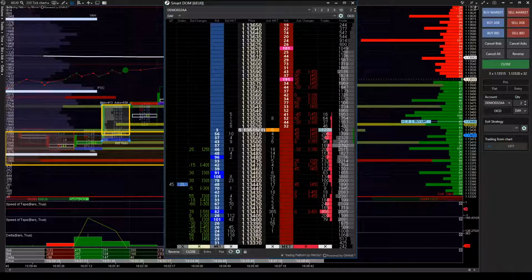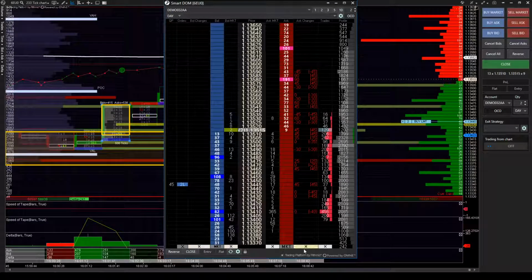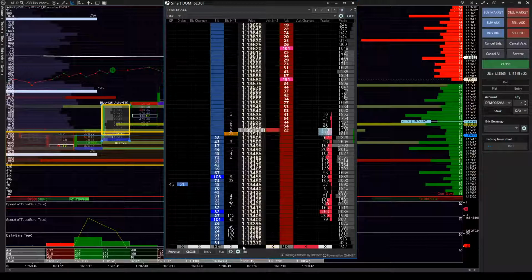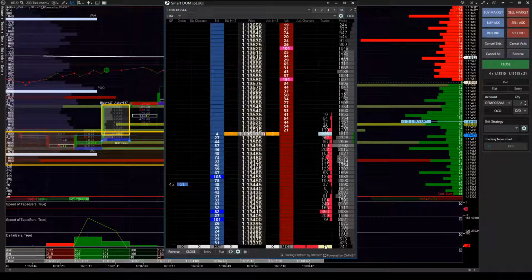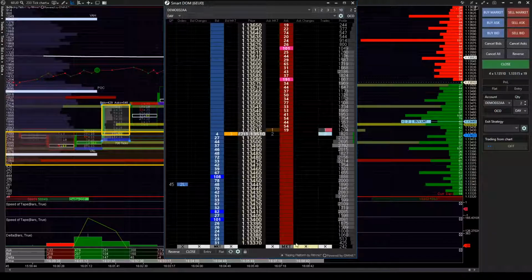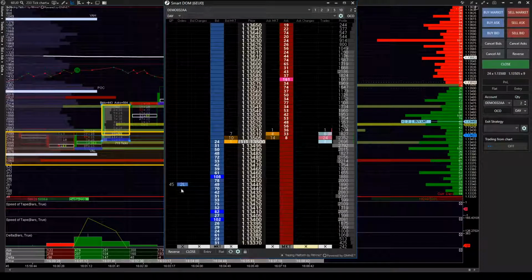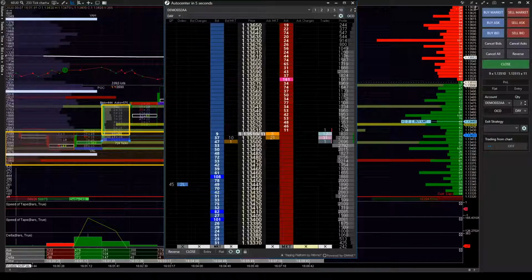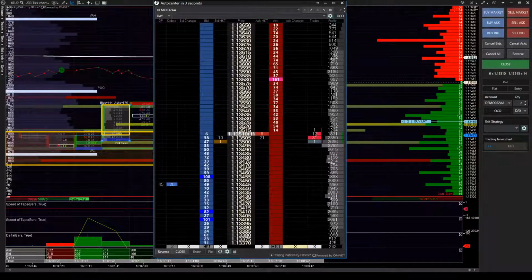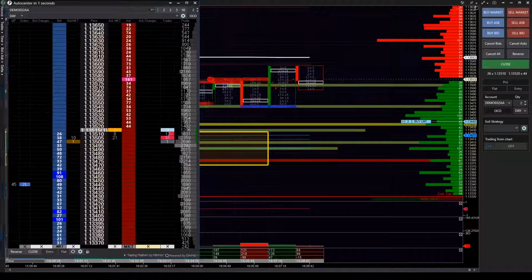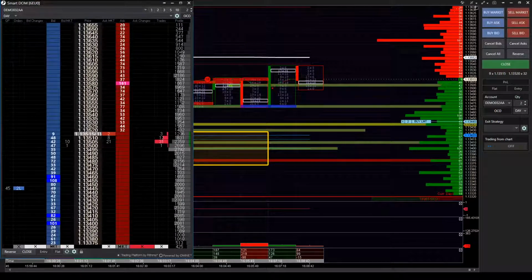In the DOM we can see if any contracts are being withdrawn from the market. In this case, this 108 contract, we have just about our entry. We are in 45th position on the waiting list to be filled. That's what we can see there on the depth of market.